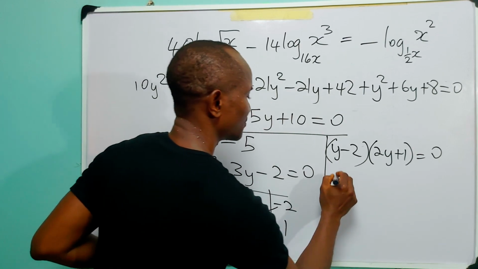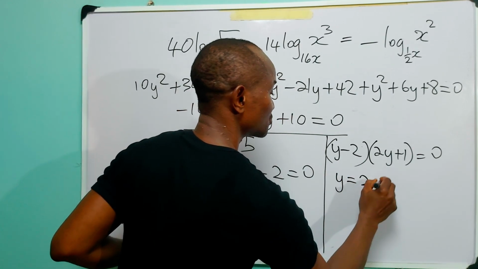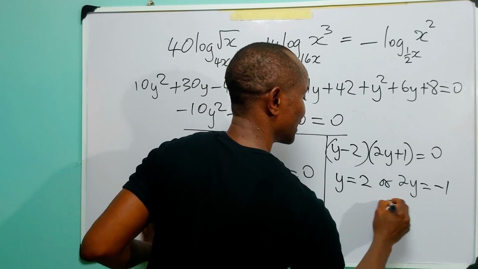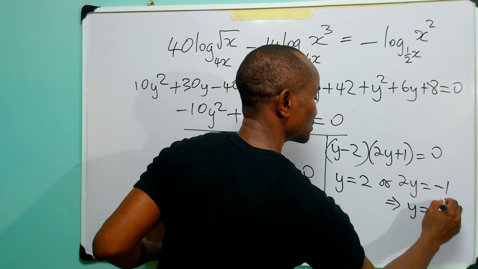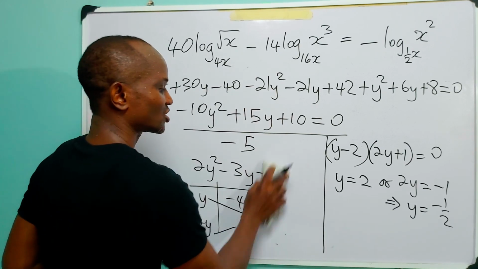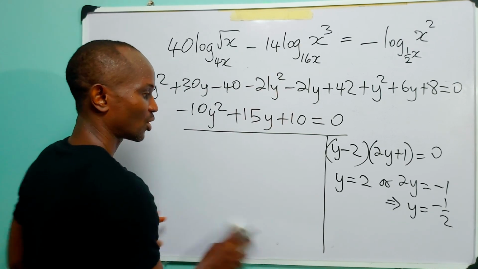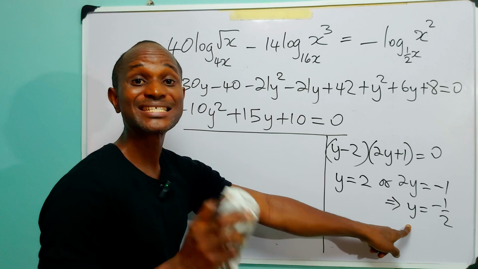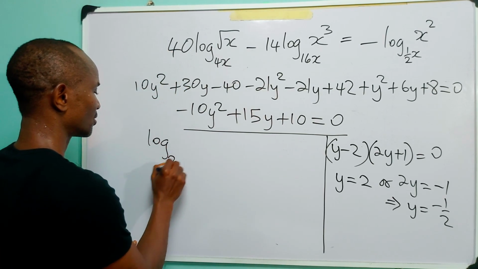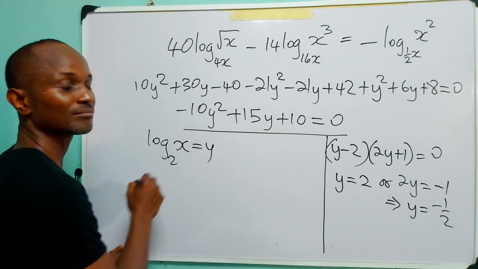Now, from this equation, we have that y is equal to 2, or 2y is equal to minus 1, and hence y is equal to minus half. But let us not forget that y is only standing in place for log to base 2 of x.